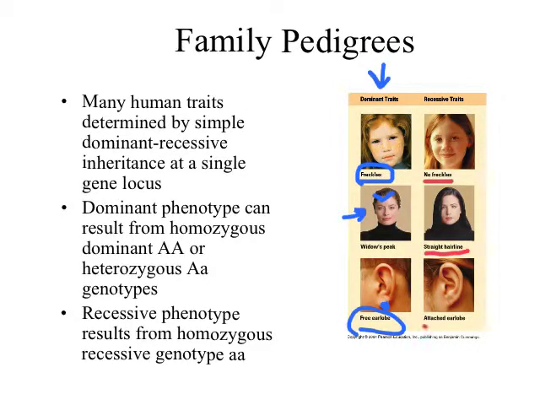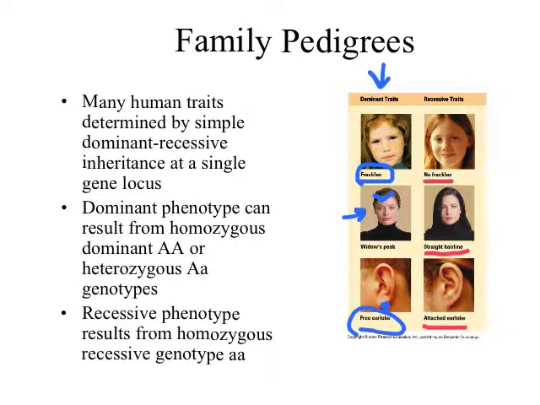And having attached earlobes. If you have earlobes that are attached to the side of your head rather than wiggle free, then that is purely recessive. Either both your parents have attached earlobes and are purely recessive, or they carry the recessive gene for that. And you got both of them, one from mom, one from dad, and now you've got attached earlobes.